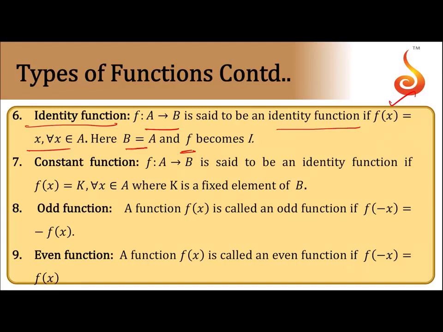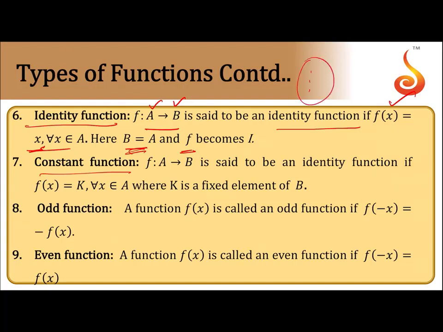And A equals B, definitely, because f is a mapping from set A to set B as f(x) equals x. So whatever element is in A is related with the same element in B itself, and therefore B has to equal A.